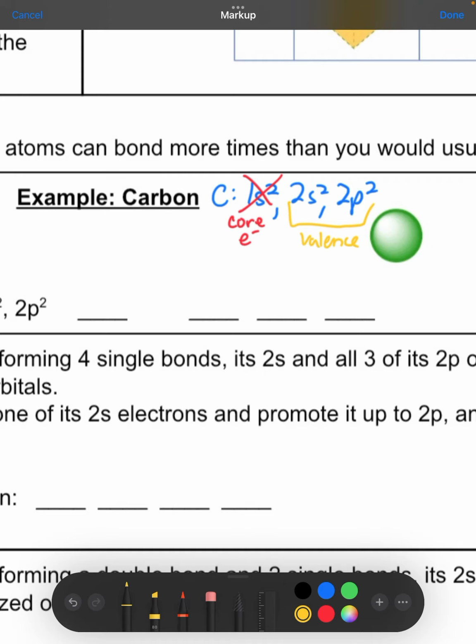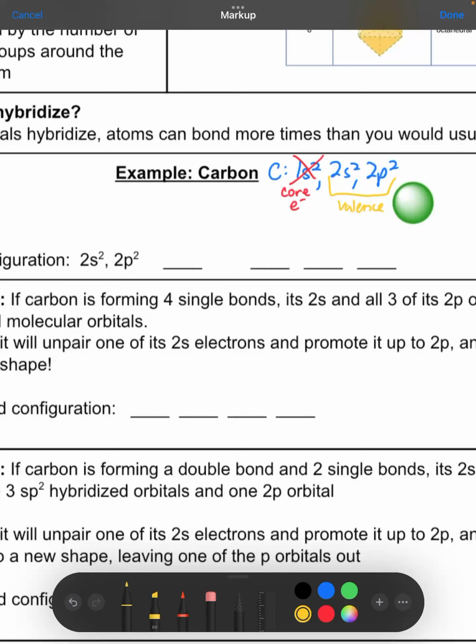So I'm just going to fill out that valence shell orbital diagram, or the arrow diagram, as you'll know it better. For those 2s2 electrons, here's our 2s subshell, and then for our 2p electrons, this would be 2px, 2py, and 2pz. And if you forgot what those x, y, and z monikers mean, it just means orientation in space.